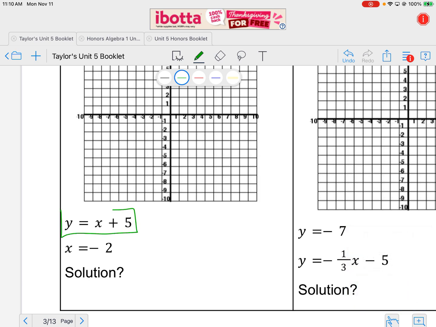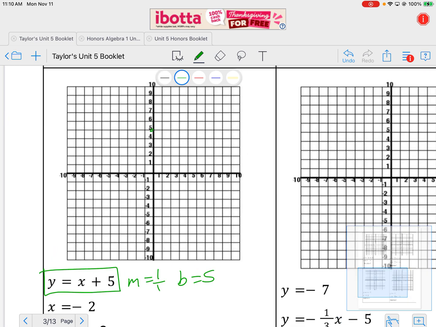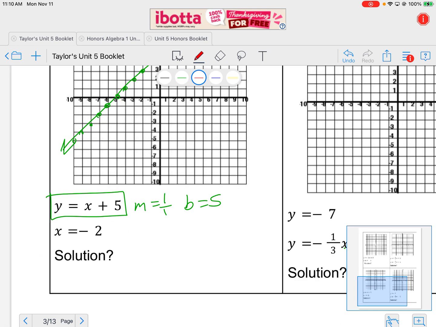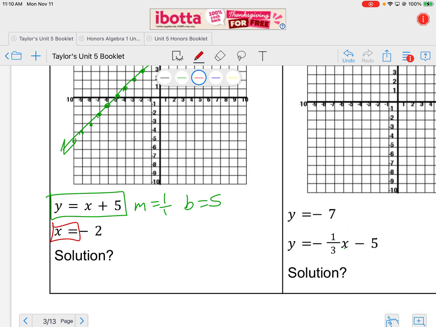So I'm going to graph the first one. Our m is 1/1. Our b is 5. So I'm going to start at 5. I'm going to go up 1/1. And then if we notice, our next line is x equals, and there's no y.